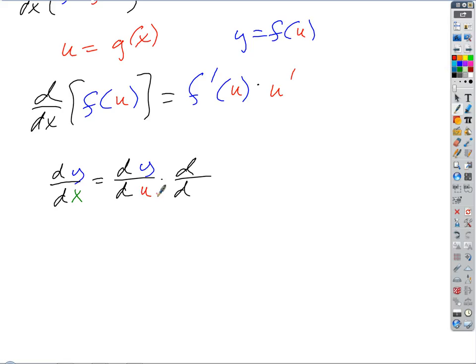Isn't that just that? f prime of u is the same thing as saying dy du, right? Times du dx. And there's our clock example, right?